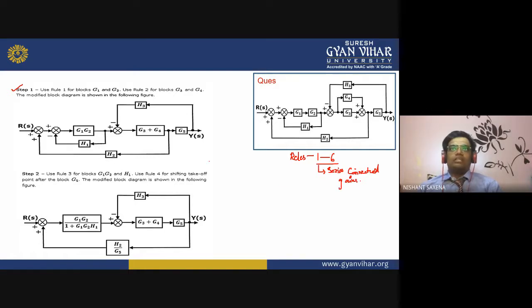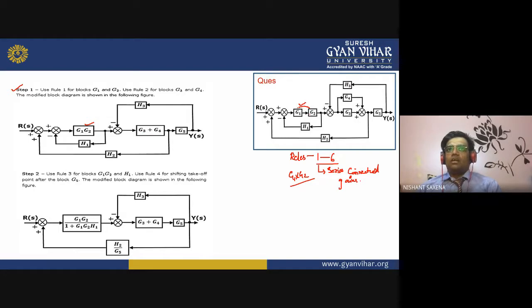Which ones are the series connected gains? Looking at this diagram, G1 and G2 are series connected, so first we apply rule number 1 here. When we apply rule 1 to G1 and G2, it is converted into a single block, the multiplication of G1 and G2, that is G1 into G2. I hope this is clear to you.